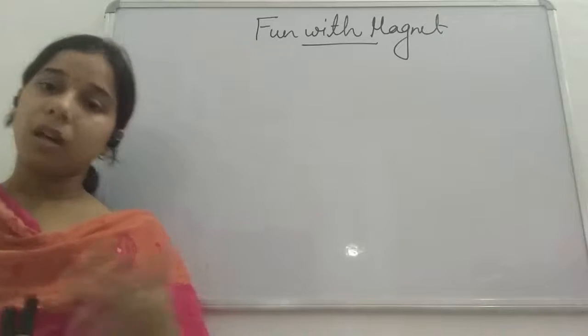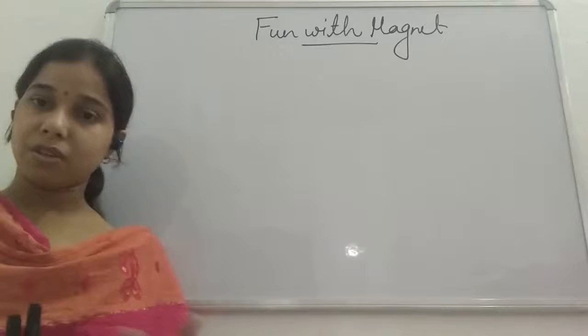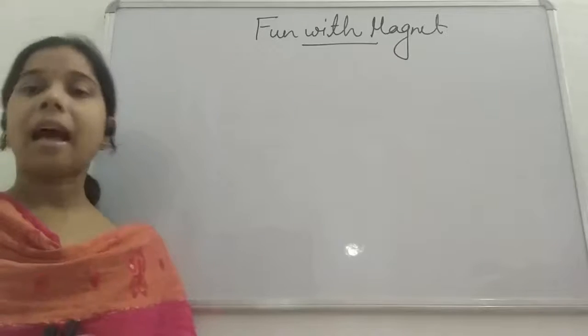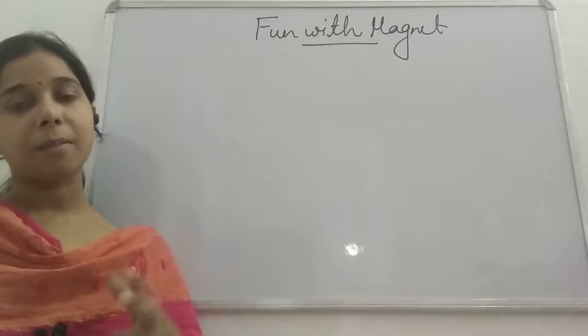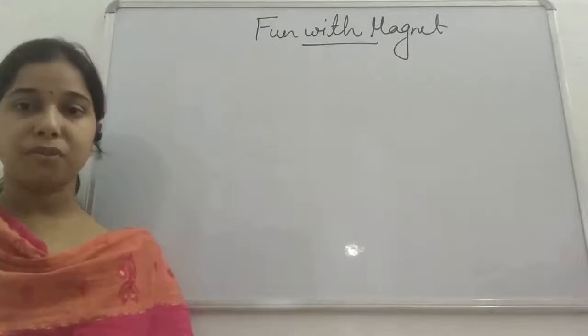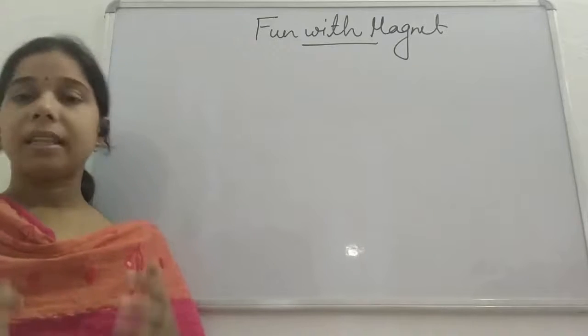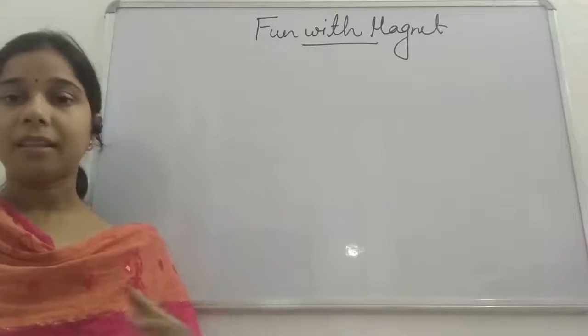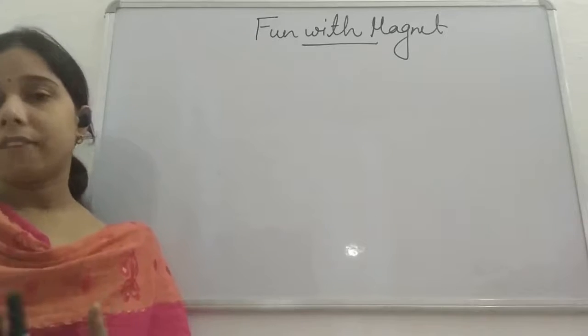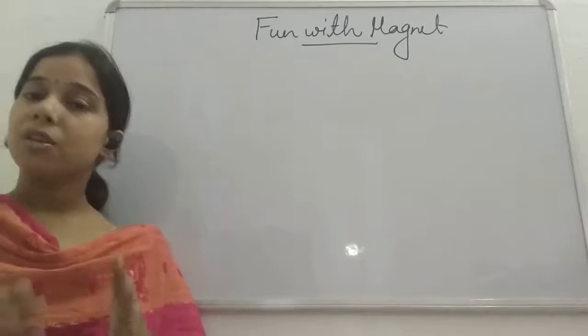So sailors, those who travel on the sea, on a ship, used to carry this bar magnet with them, and this bar magnet helped in giving the direction of north and south, by which they could conclude the east and west direction also. So ultimately this helps in finding the direction for travelers.